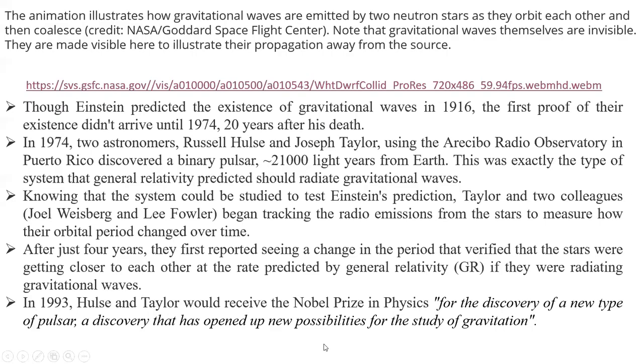Though Einstein predicted the existence of gravitational waves in 1916, the first proof of their existence did not arrive until 1974, about 20 years after his death. He passed away in 1954.